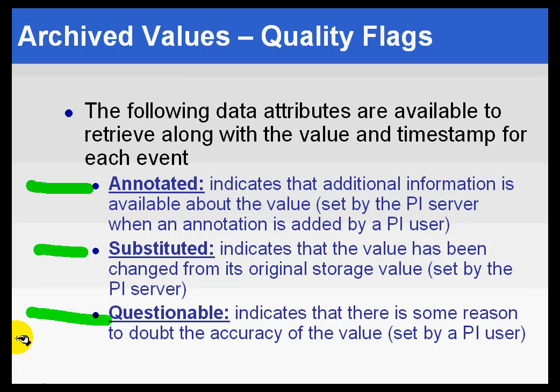And then questionable, well, this is something that's supported by some of our interfaces. Depending on our confidence in the process data, we can flag something as questionable, and that would be something that the interface would have to set, or as I said, the user can also set that using the PyArchive editor that I just mentioned, or using SDK tools.